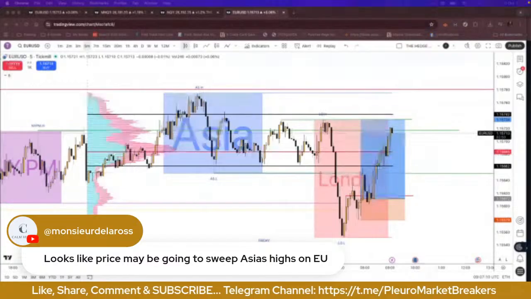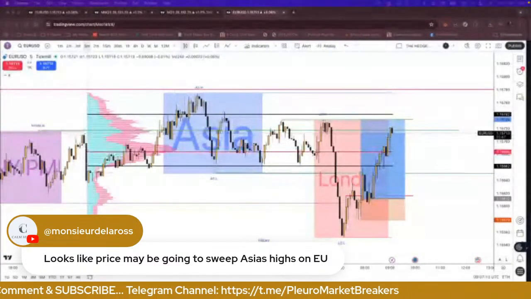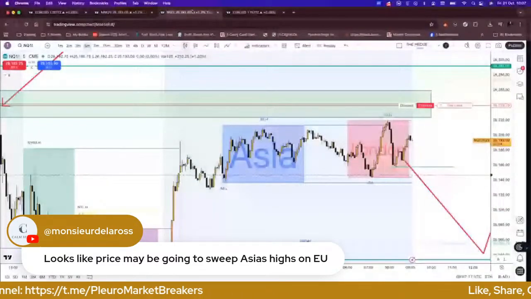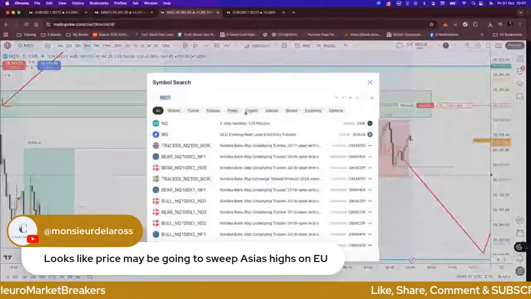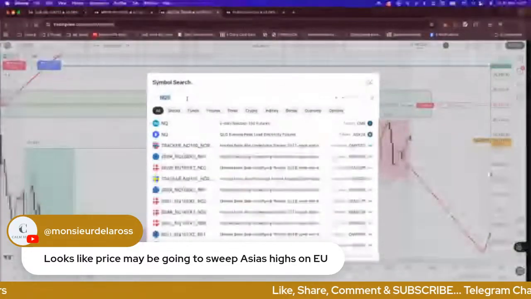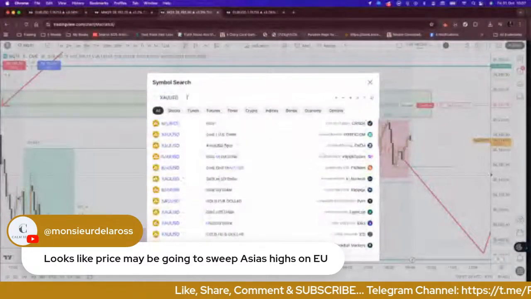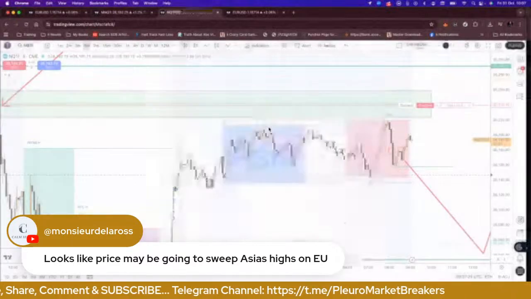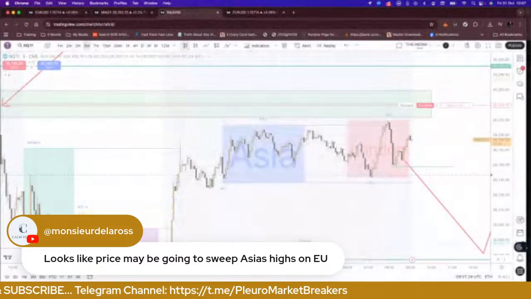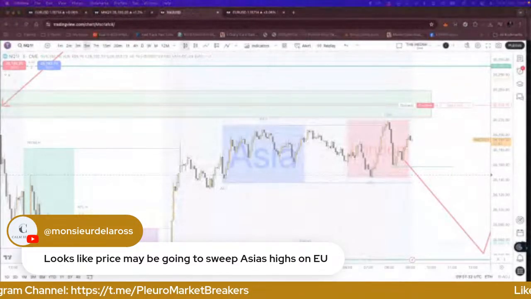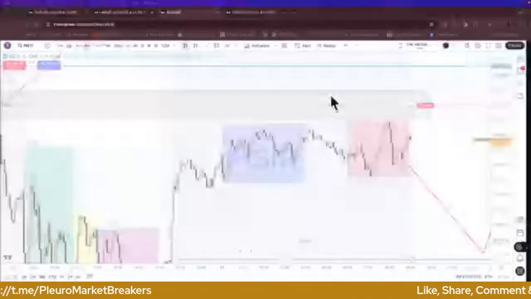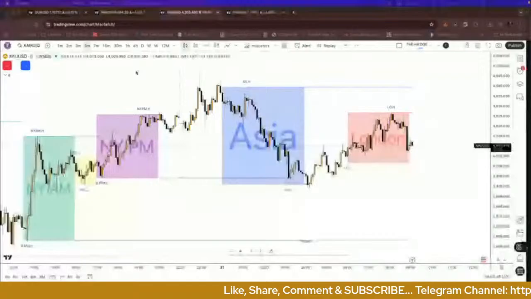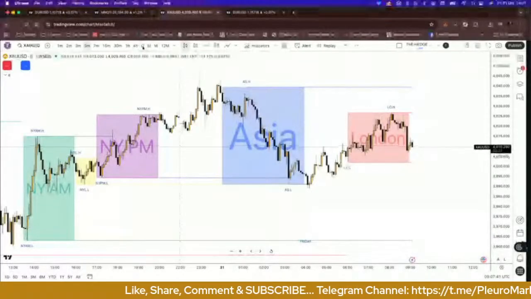All right, so let's look at gold. Okay, so I have no clue what gold's been doing, so I have to start from the higher time frame.